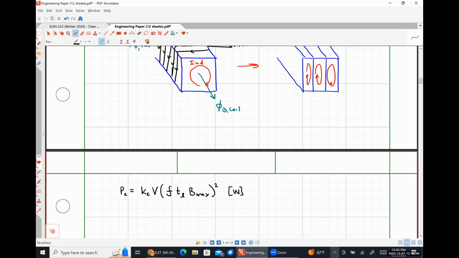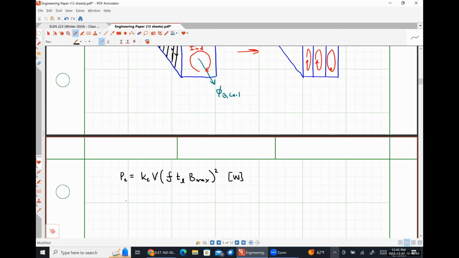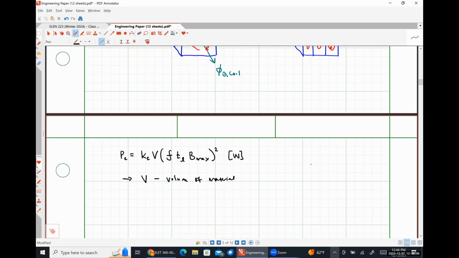And because it's a power, it's measured in watts. Once again, capital V is our volume of material. So the more material we have, the more losses that we incur. K sub E is a proportionality constant for the material.